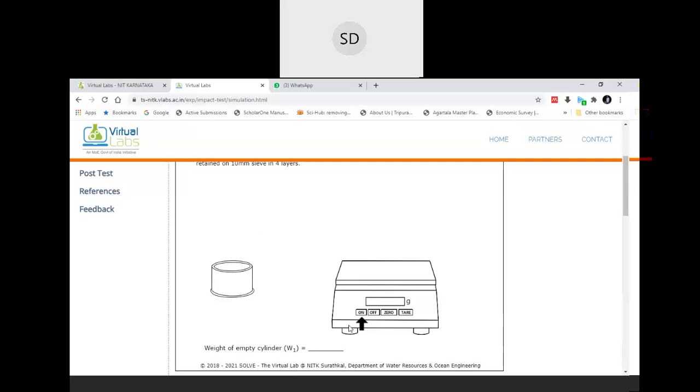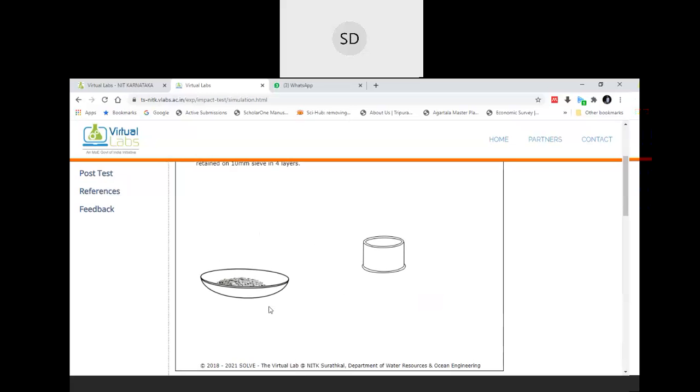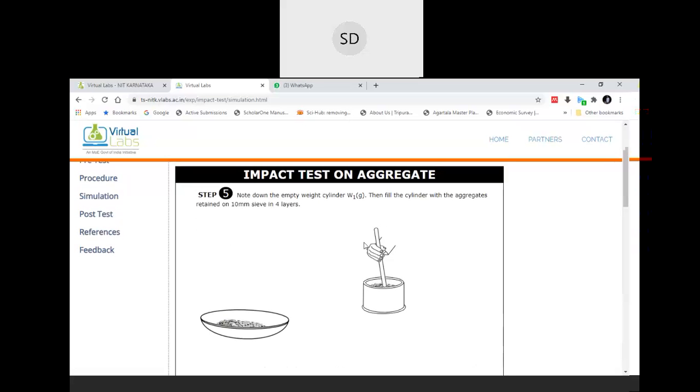Okay. Then you have to take the weight of the empty mold. This is similar to your previous experiment. Then put your aggregate in the mold in a three-layer system. So first layer, sorry, that would be a four-layer system. In some cases, you can also take a three-layer system. Then tamp this.